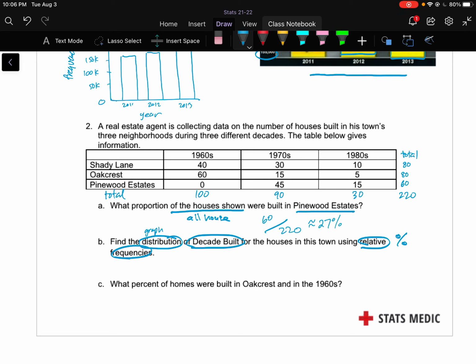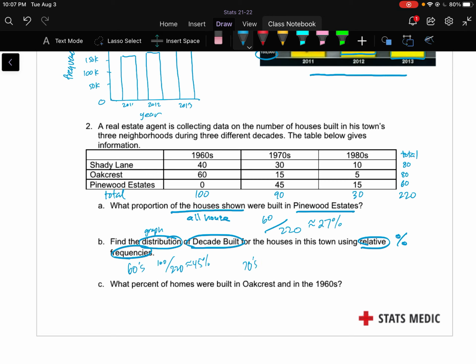So we need to find the percentage of homes that were built in each decade. For the 60s, I see that there were 100 homes built out of 220. It's about 45%.